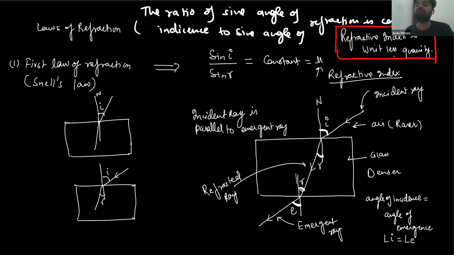It does not have any unit. Mass has kilograms, speed has meters per second, force is Newton. But the refractive index does not have any special unit. It is a unitless quantity. Got my point? Understood? Yes, sir.